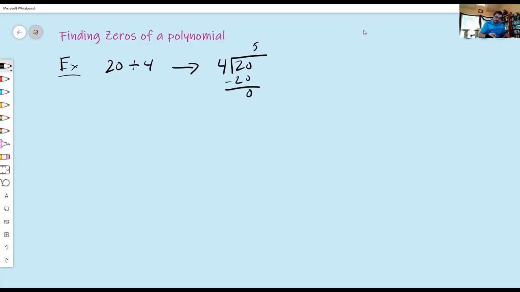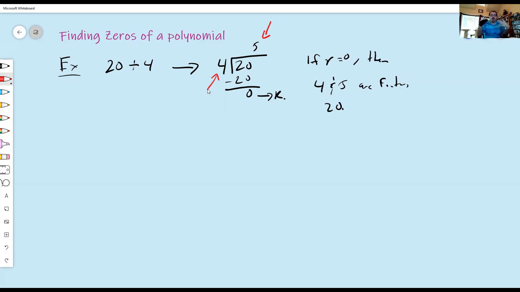So you subtract that, you get 0, which is your remainder. So if the remainder is 0, if r equals 0, then 4 and 5 are factors of 20. So if you do long division and the remainder is 0, that means the divisor and the quotient are factors.